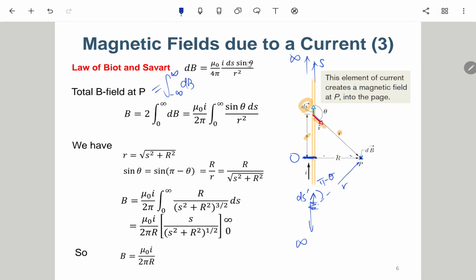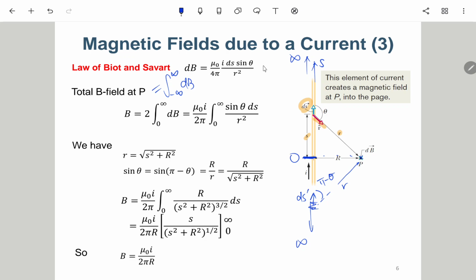In that case, sine of theta and sine of pi minus theta will be the same. R squared is the same, I is the same, ds is also the same. So you can easily verify that ds prime generates dB prime the same as ds generates dB. So we only need to integrate from 0 to infinity for dB, and then multiply by 2 to get the full B field generated by the whole wire.